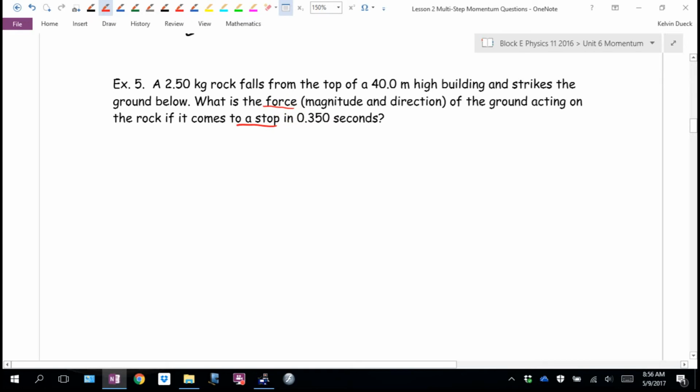You know what? This is, I think, almost the same equation. I think it's going to be force times change in time equals mv final minus mv initial.